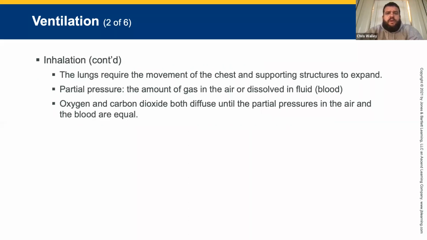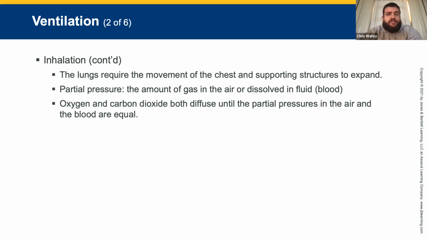The lungs require the movement of the chest supporting structures to expand and contract during inhalation and exhalation. Partial pressures. So this is where it gets funny, like when we talk about minute volume and tidal volume, when in the beginning you were like, I don't really know what you mean by that, but sure. The partial pressure of oxygen in the alveoli is 104 millimeters of mercury.